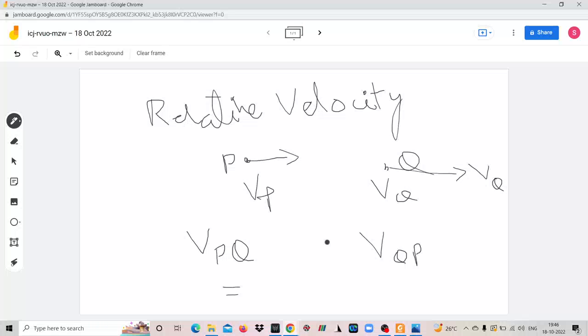It is VP minus VQ, but these are all in vector form, meaning the magnitude as well as the direction is important. And VQP is VQ minus VP. Clear?